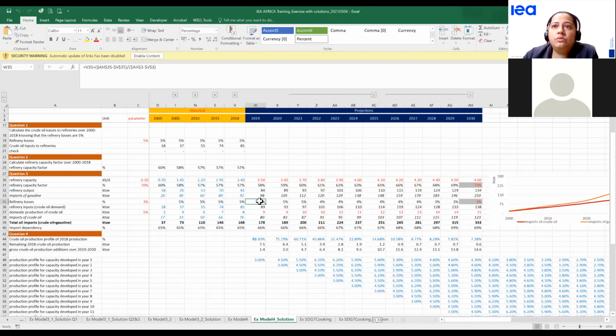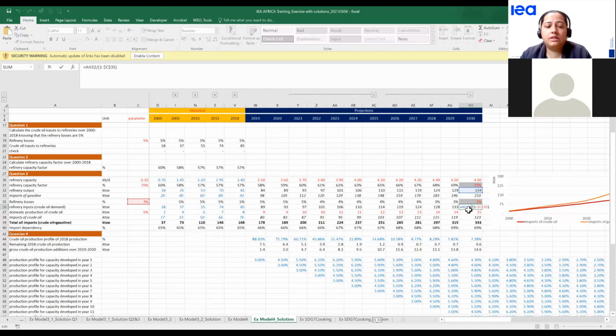So here we will have to make it linearly decline to 3% by making a linear calculation here. And your refinery inputs, you can calculate it as well, because you know your refinery output, you know your refinery losses, which is 3%, for example, in 2030, and you can back calculate your input. Same for all the years here. You take your output and you divide by 1 minus your refinery losses. You can back calculate your input.